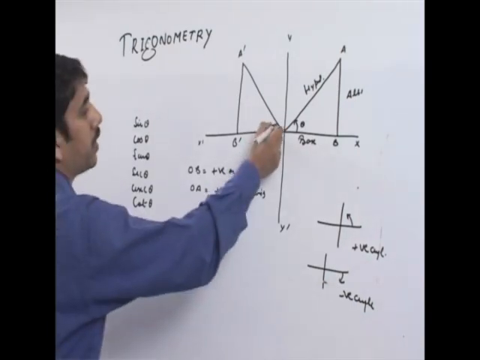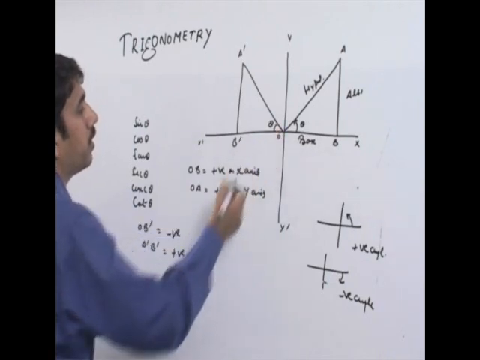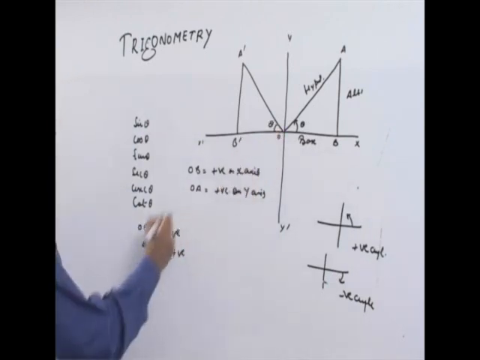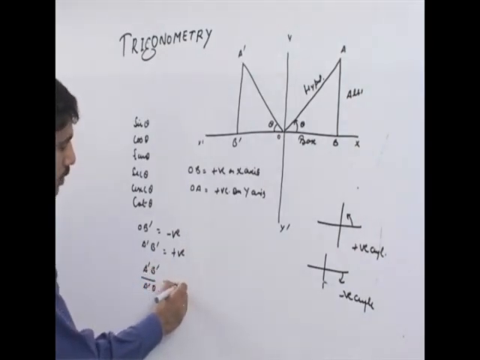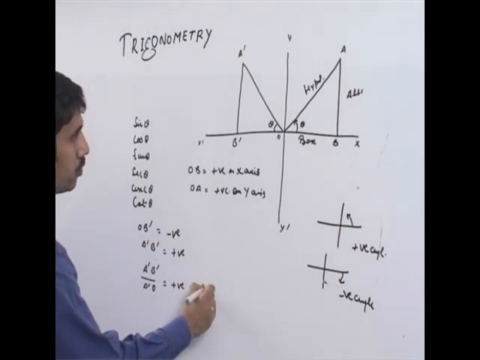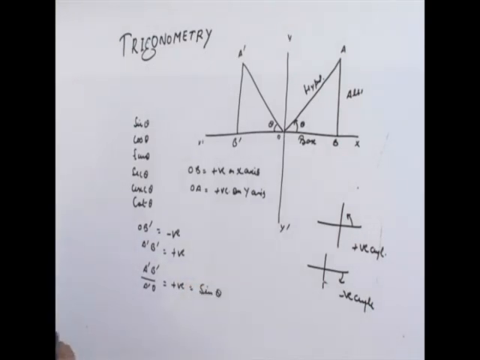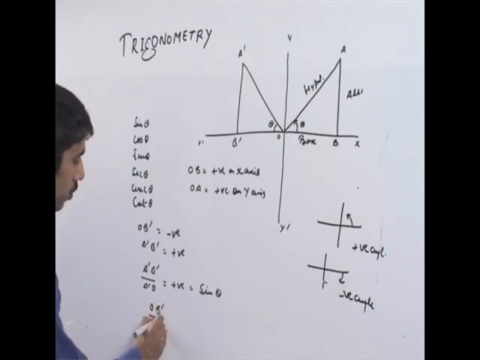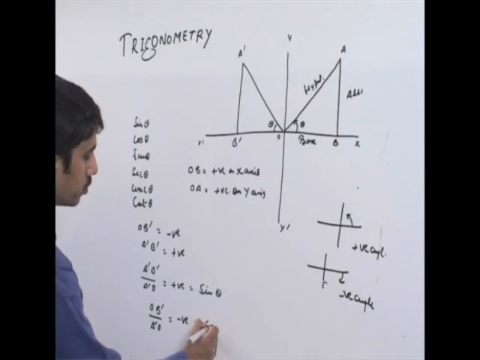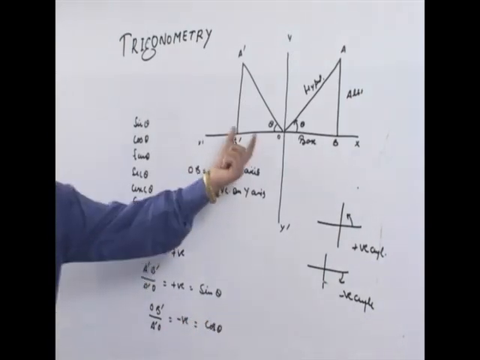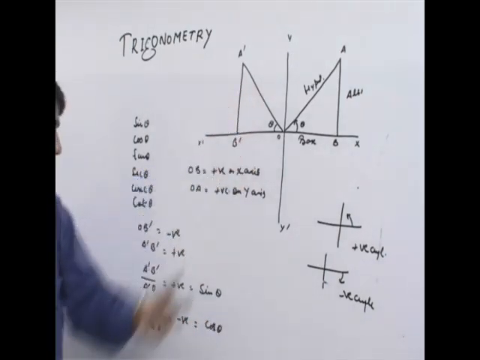Therefore, if this angle is theta, then the ratio of A dash B dash over A dash O will be positive, which is equal to sine of theta, and OB dash over A dash O will be negative, which is cos of theta, because this is base over hypotenuse.